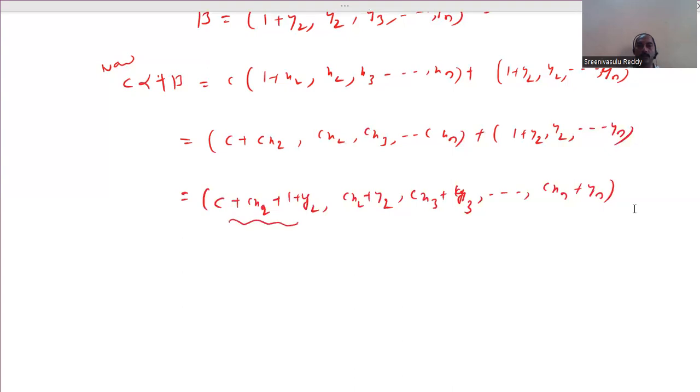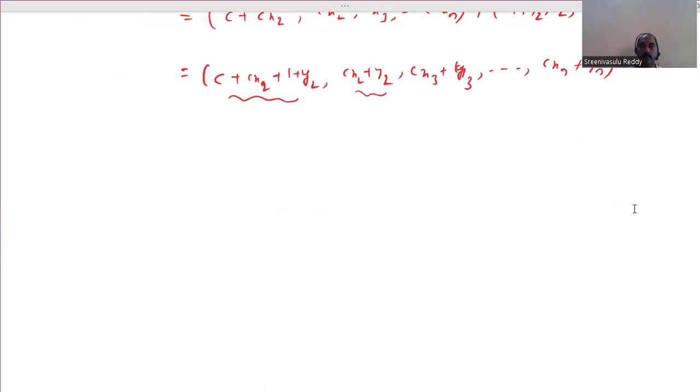Now observe the relation between the first and second components: is the first equal to 1 plus the second component or not? Here the first component is c plus cx2 plus 1 plus y2. The second component value is cx2 plus y2, and we add 1 to it. Are these two equal or not? These two are not equal.